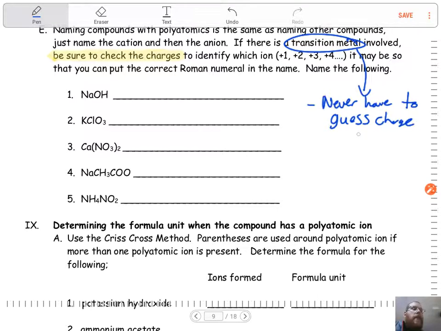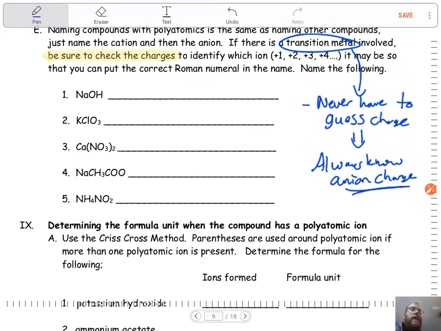And here's why. Because you always know the anion's charge. Based on how many anions you have, you have to balance out your positive and negative charges. So if you know your anion charge and how many atoms of that you have, you can then figure out what the charge on your transition metal is.